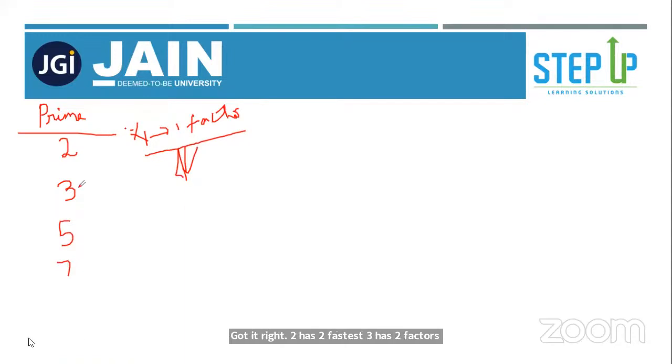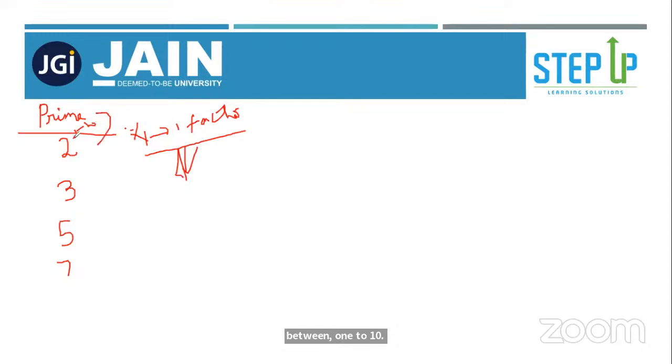That means 5 is divisible by itself and 1. 7 also. So these numbers are in between 1 to 10.